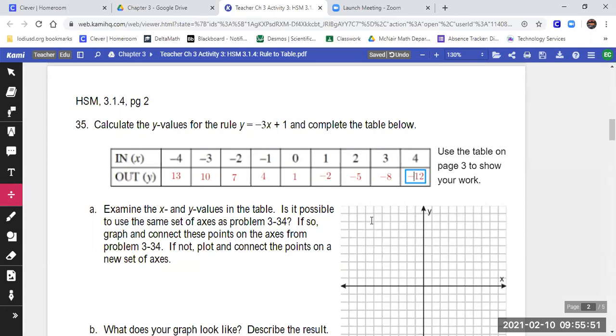Okay. So then it asks us, examine your X and Y's in this table. In other words, they want us to look at what's the highest and what's the lowest for the X's and Y's. So let's go do that.